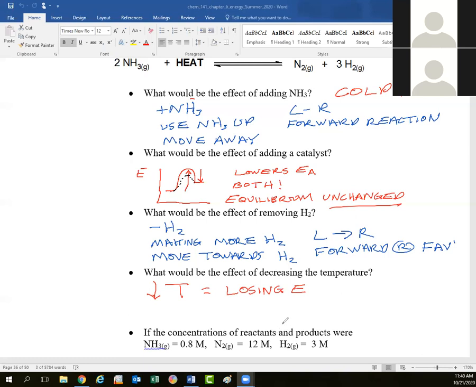And if the system is going to compensate, we need to replace that energy that's lost. That's the system's response. Temperature is dropped. We turn down the heating on the hot plate, and the response of the system is to try and replace that energy. Now, the reaction which replaces energy is the exothermic reaction.